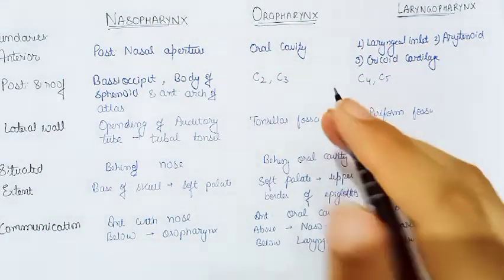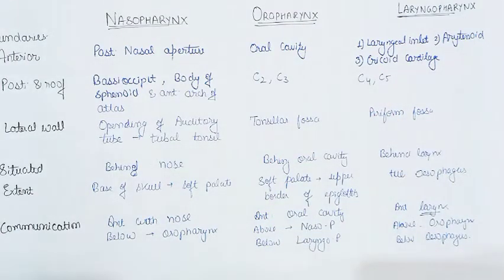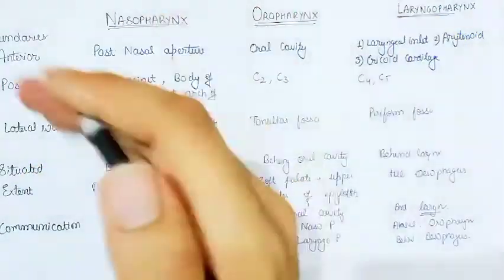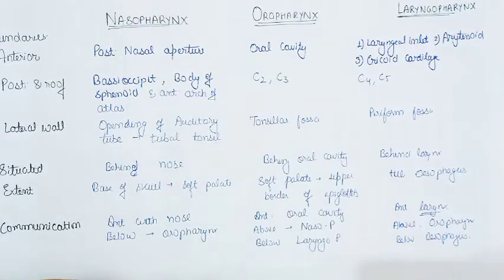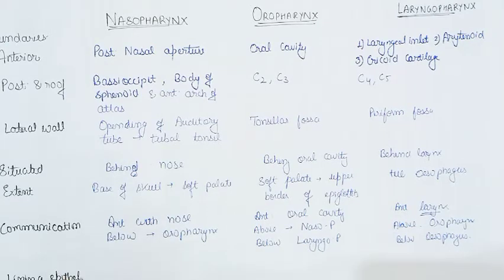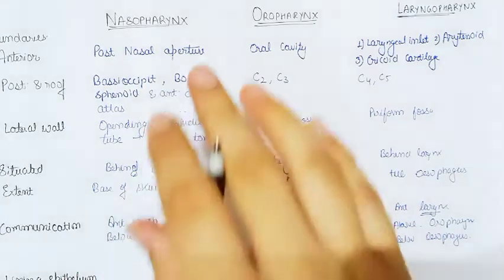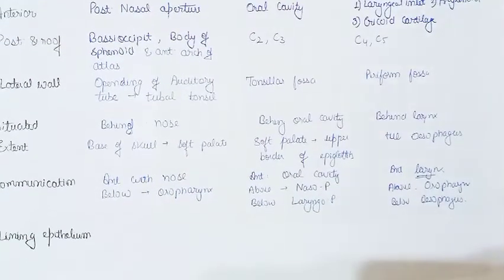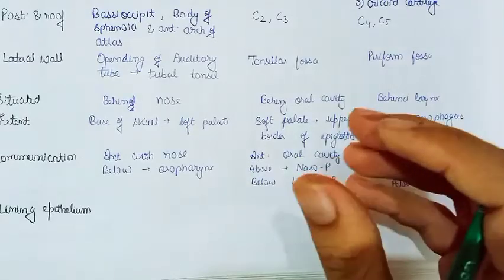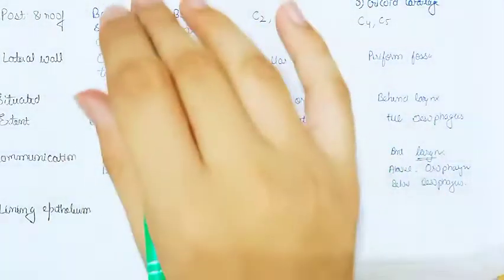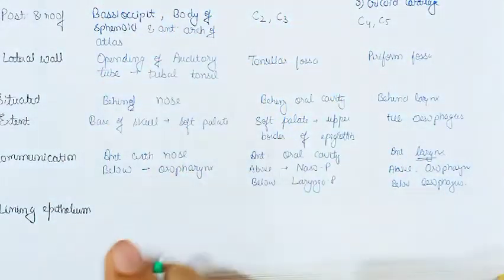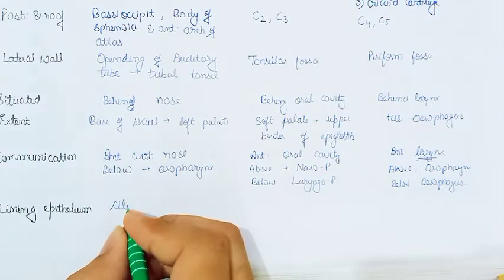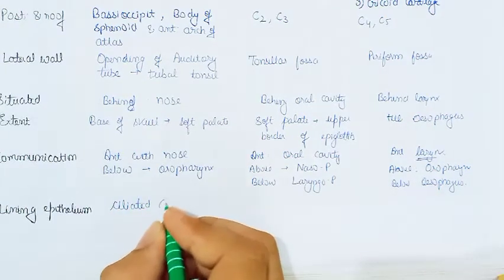Now the next point is the lining epithelium, or what structures line the three parts of the pharynx. In the nasopharynx, we need cilia to trap incoming foreign particles, so we have ciliated columnar epithelium.